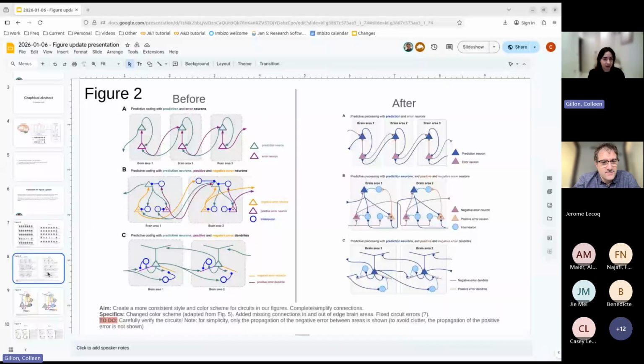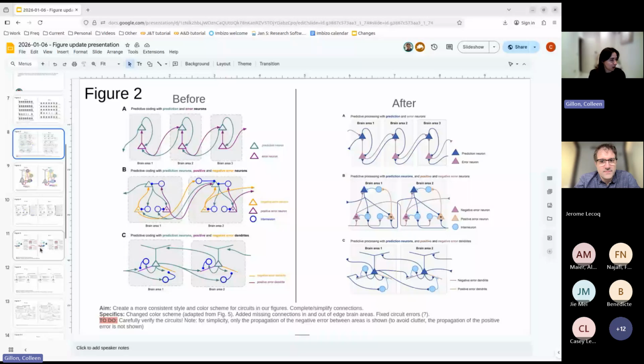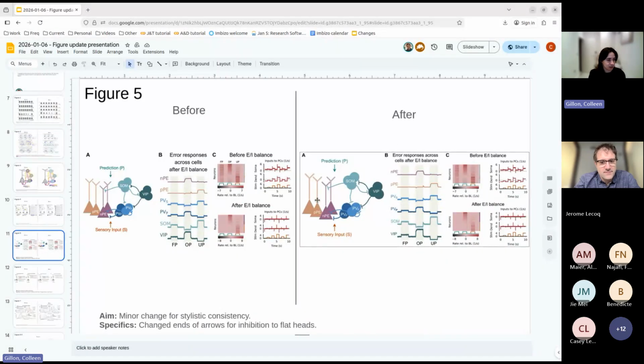The second figure had much more substantial edits. Here we did change the color scheme. We pulled a bit from Laureen's figure, this one. So we pulled some of the color scheme, the inhibitory being in the bluish region, and then the positive and negative prediction error neurons having these gold and pink colors.